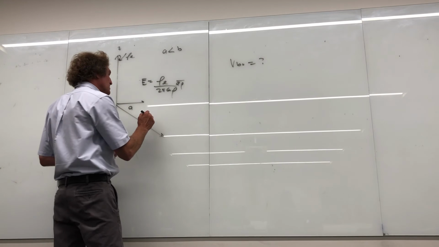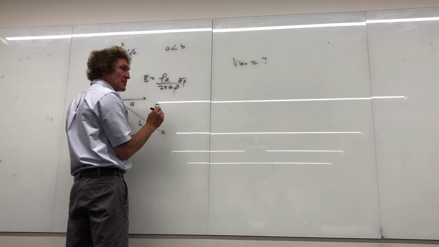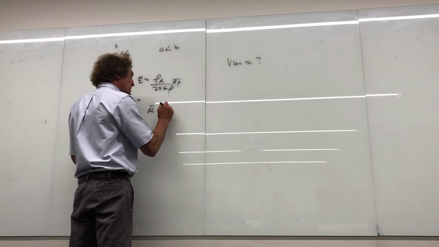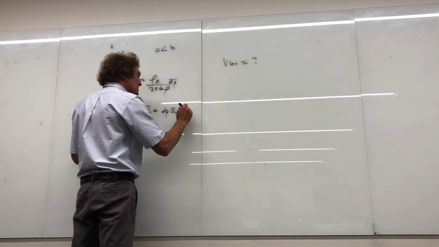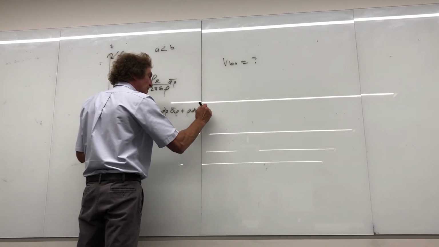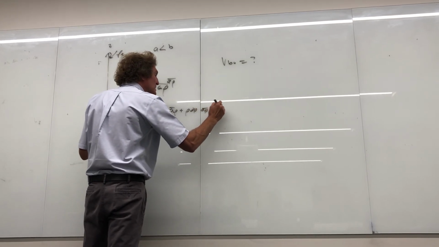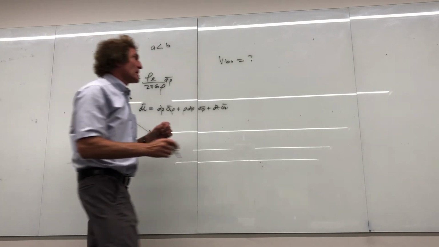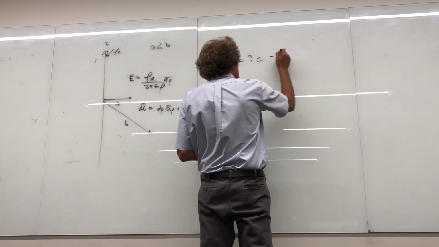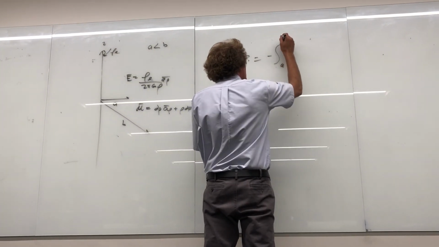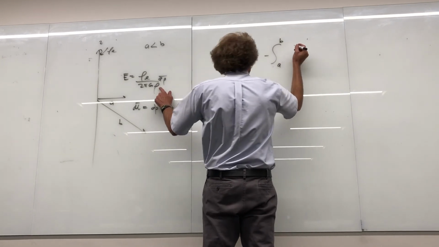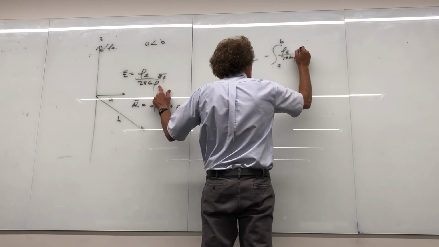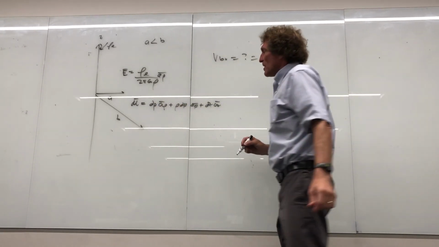Now, what's the differential length in cylindrical coordinates? Well, it's equal to simply d rho a rho plus rho d phi a phi plus dz a z. That's the differential length. When I go to get VAB, I say it's minus the integral from A to B of the electric field, rho L over 2 pi epsilon naught rho a rho, dotted with dL.